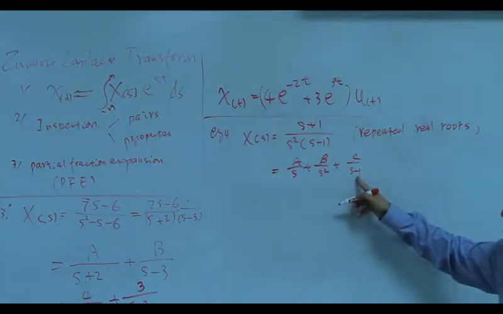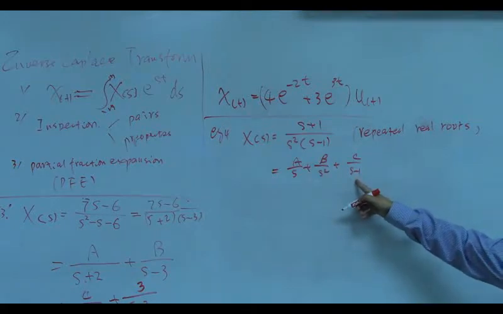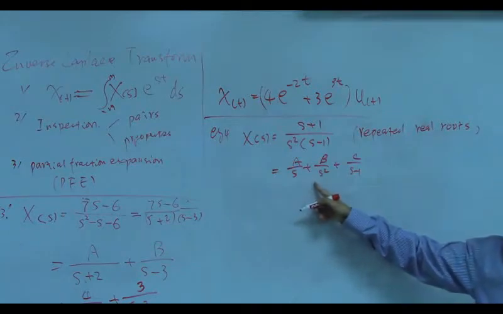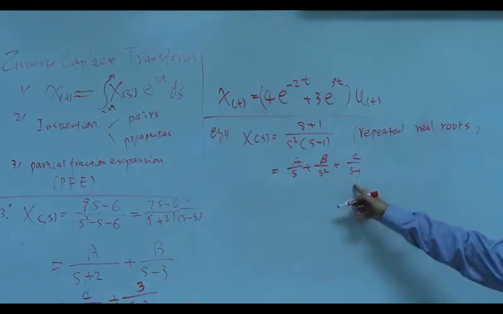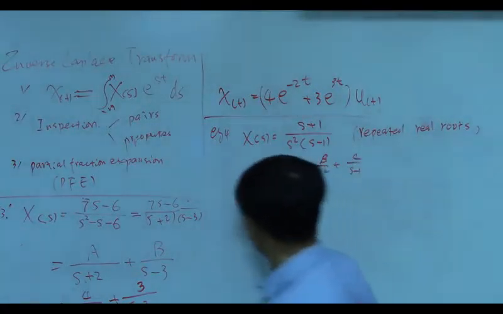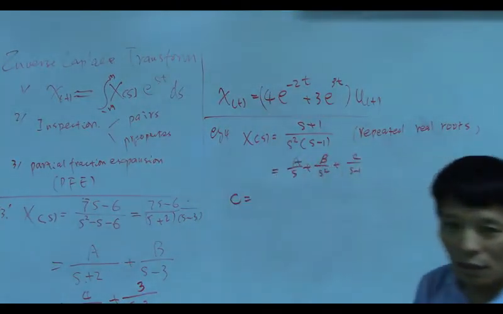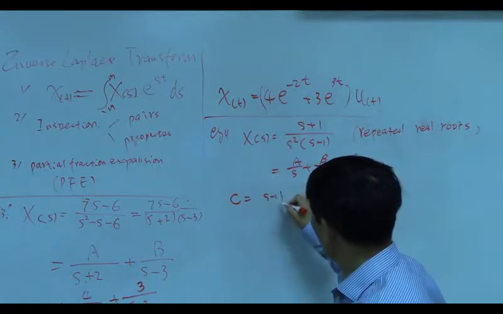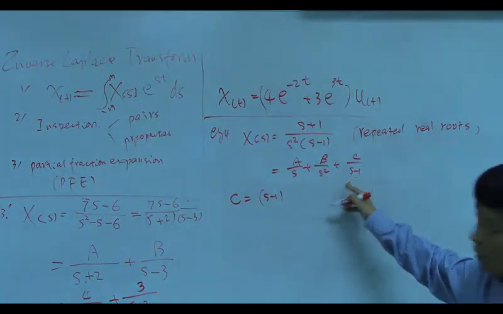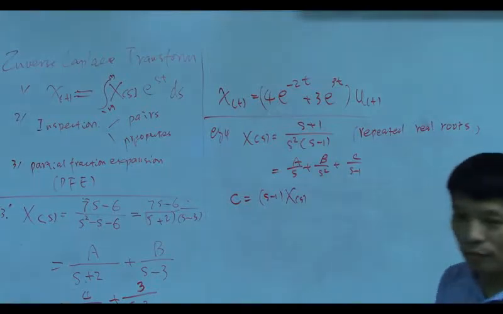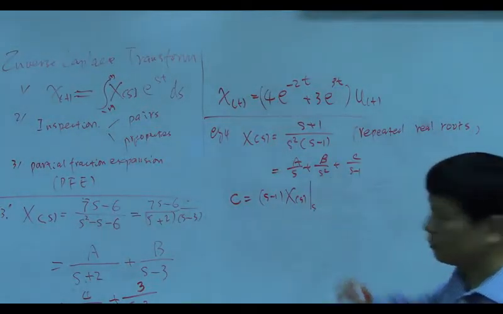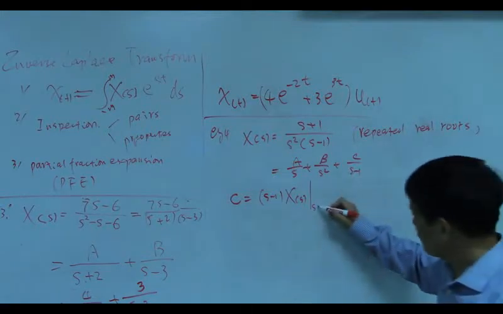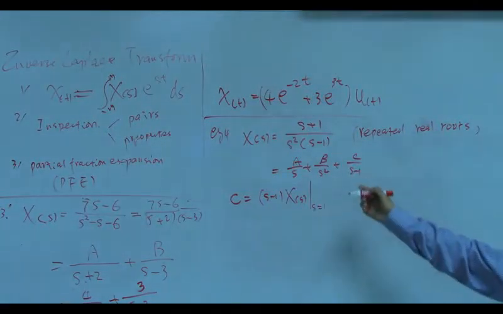This is a single root, unique. This one is repeated. So how to do this? Okay, we use the same method as before. So first one, we calculate C. C equals (s minus 1) times X(s) here, then make s equal to 1, because we want to make s minus 1 equal to 0.